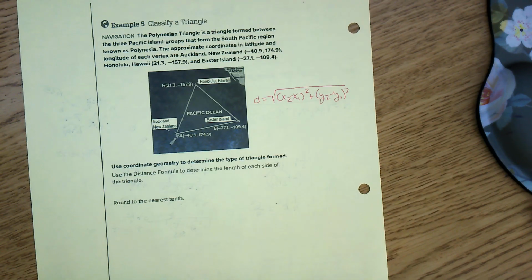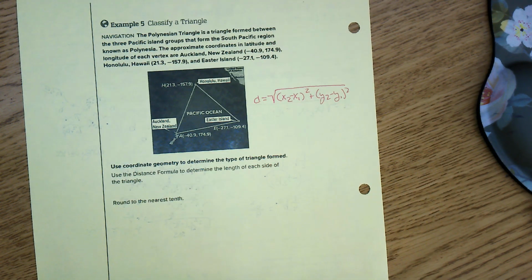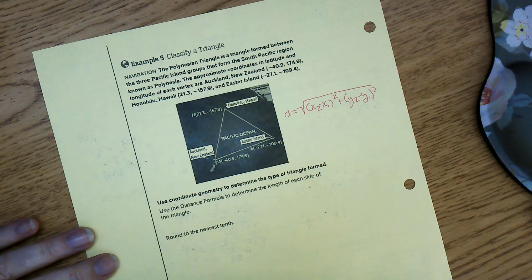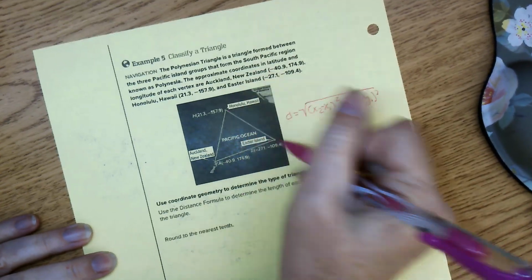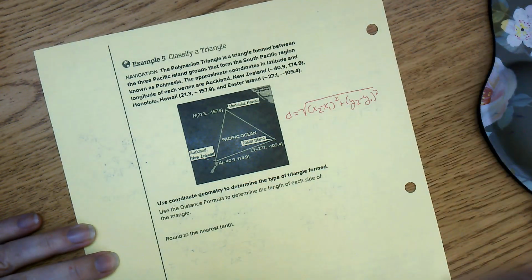It says use coordinate geometry, which is what we've been working on the last couple of days, to determine the type of triangle formed. Use the distance formula to determine the length of each side of the triangle, rounding to the nearest tenth. So we're going to use our distance formula to determine what kind of triangle this is.